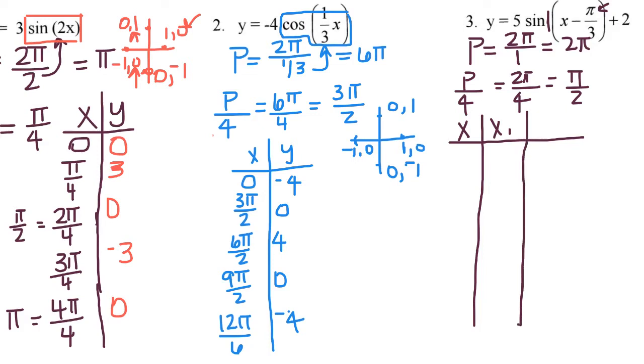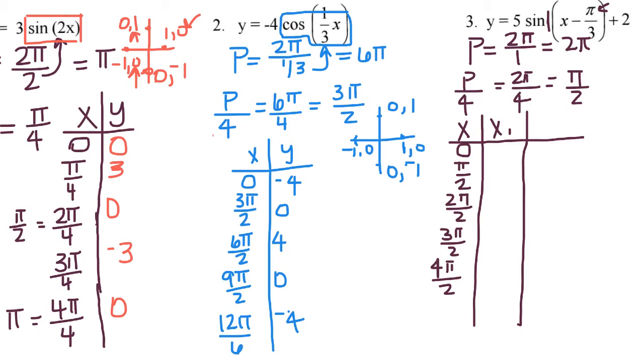So let's go through and find our first x values. So we will start with 0, and if we're going up pi over 2 each time, we have pi over 2, then we have 2 pi over 2, 3 pi over 2, and finally 4 pi over 2, or 2 pi. Again, you're welcome to reduce.